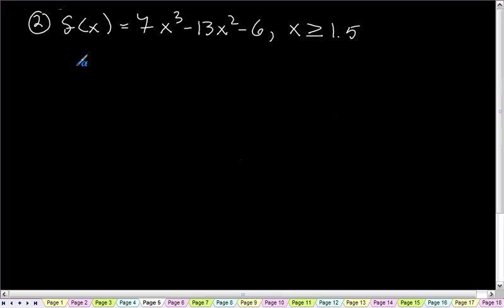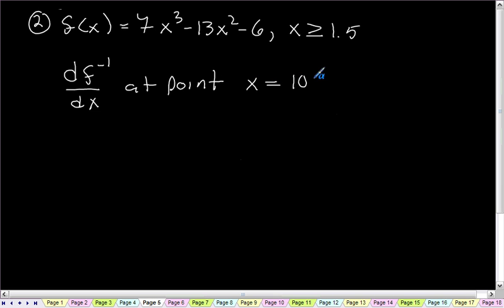And they want to find out the derivative of the inverse of f of x at the point where x equals 1038, which is f of 6.